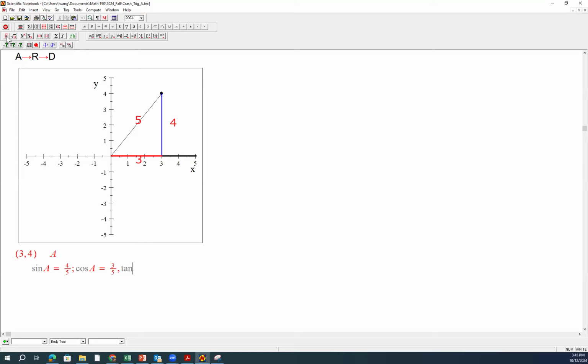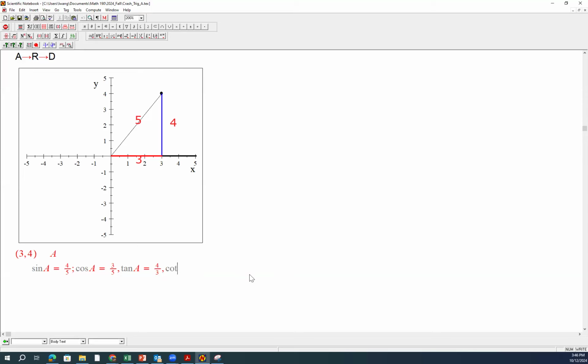And how about tangent? Tangent of that angle, and the class of angle, is going to be y over x, so the blue over the red. The blue line is 4, and the red is 3.